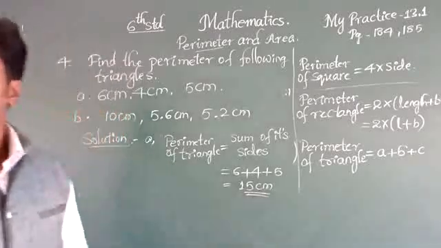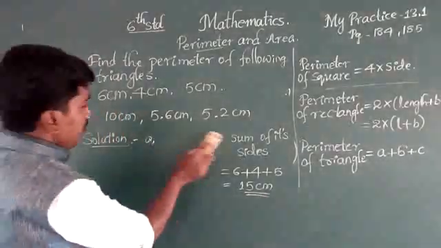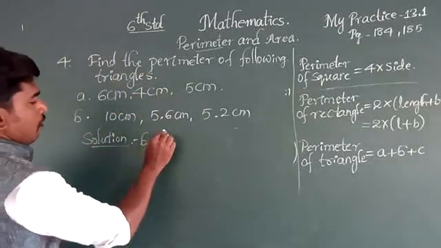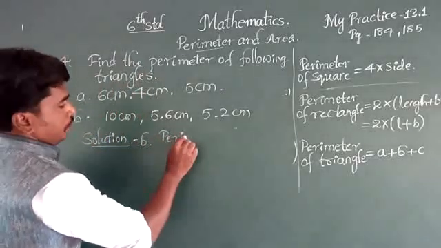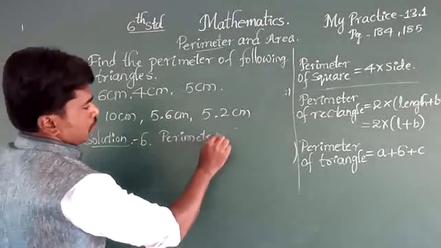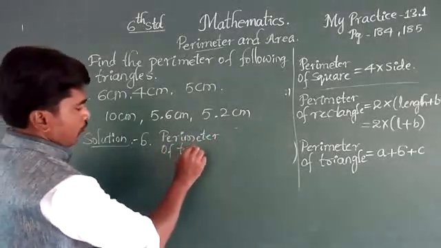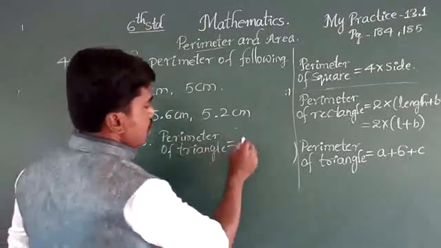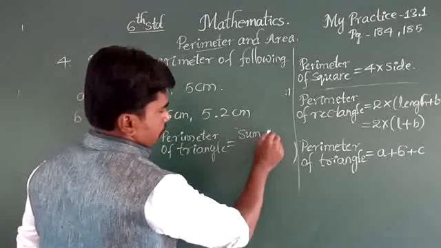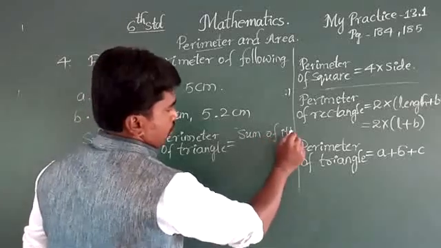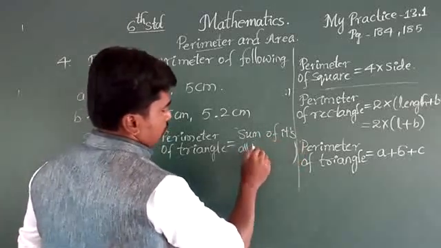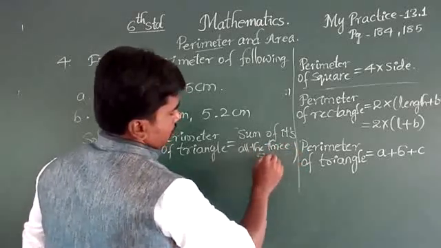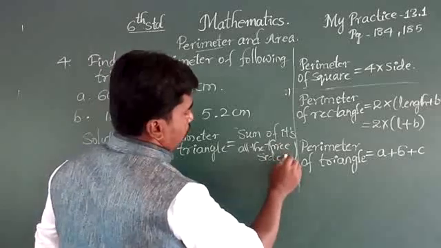So the second one also, do it yourselves by the same method. It is B. Perimeter of a triangle is equal to the sum of all its 3 sides.